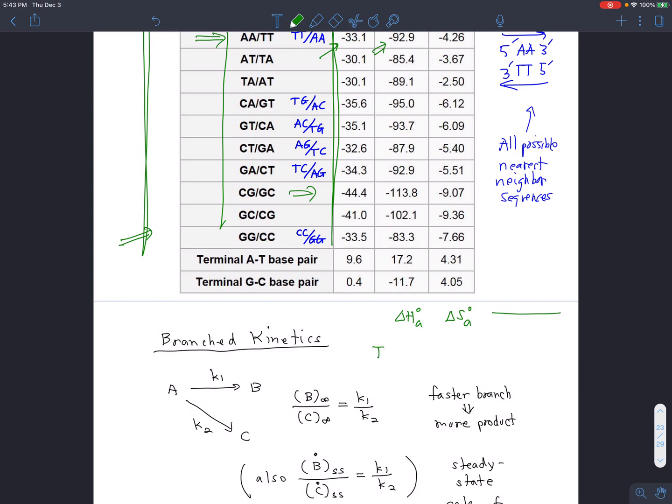And then you use those. Tm is equal to delta H of melting over delta S of melting minus R log Ct over 4, to estimate the melting temperatures themselves.